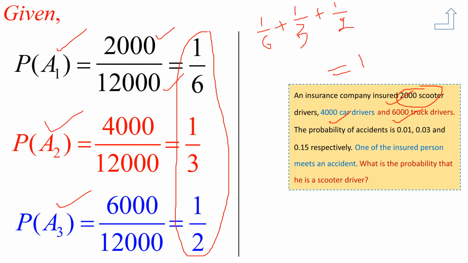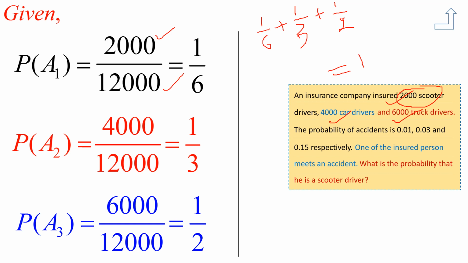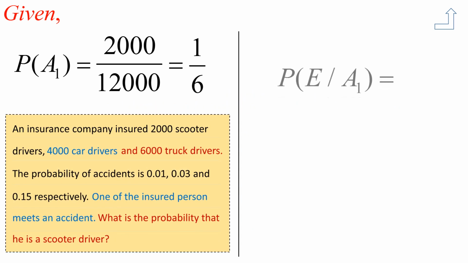And let's see. So I want to erase this. Okay. And further, similarly, we have to write like this: P(E/A1). What does this mean? P stands for probability of meeting an accident given that he is a scooter driver.